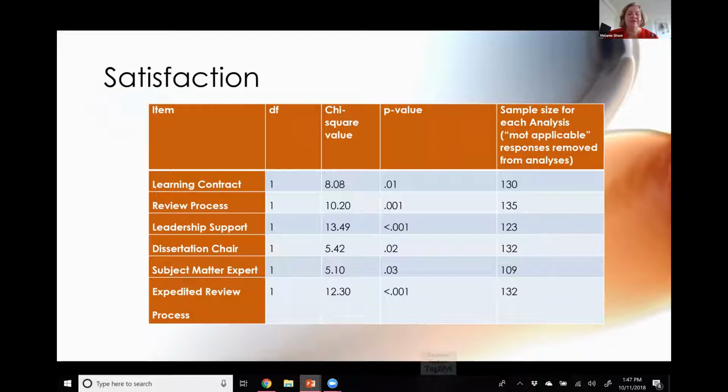We got papers back within a week instead of the 2 weeks to even longer that it was taking in the regular process. So you can see here that students who found these to be important pieces of their journey were much more likely to persist and complete.